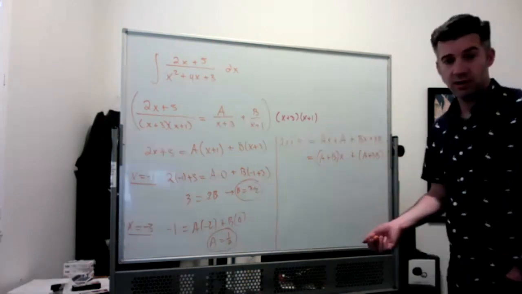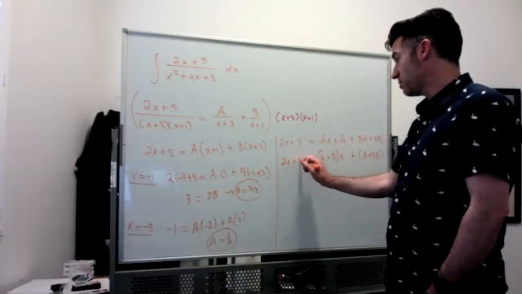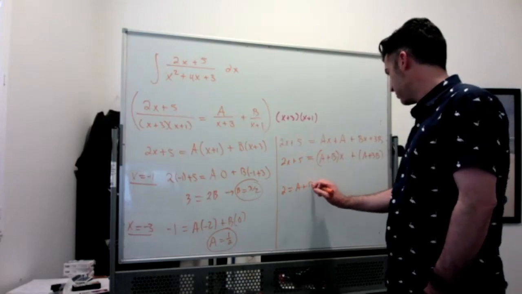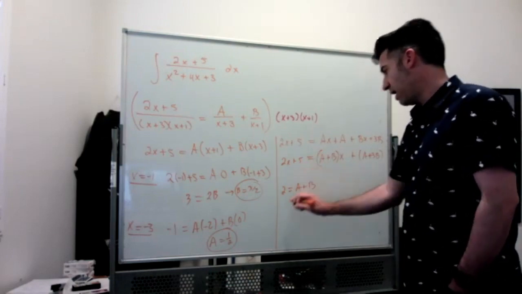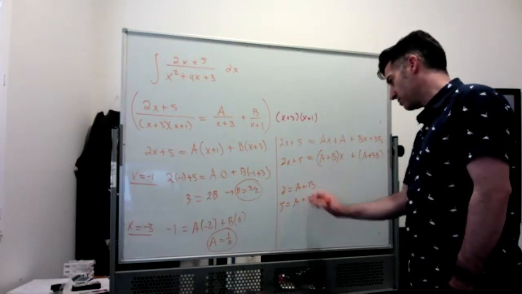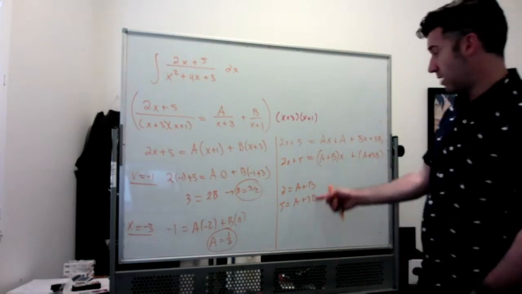So then, since this has to equal that, it must be true that 2 equals a plus b, and that 5 equals a plus 3b. And then you can solve this in whatever way you want. I usually like to subtract.